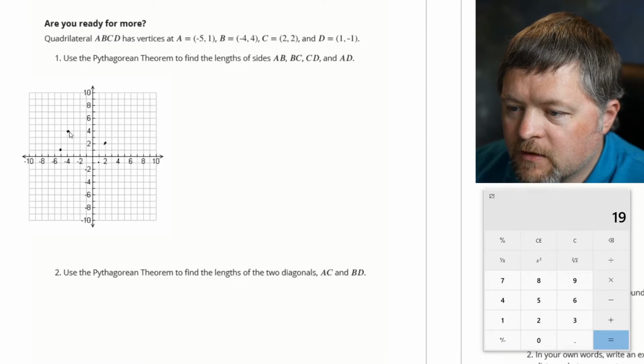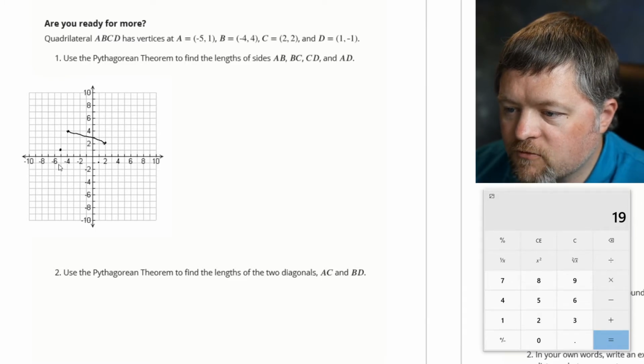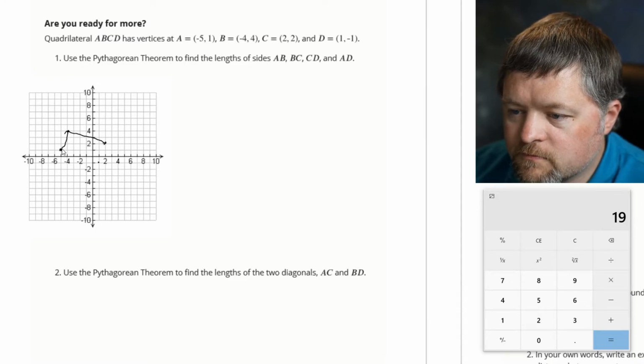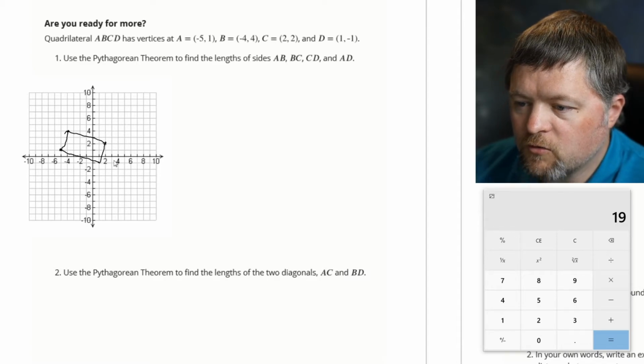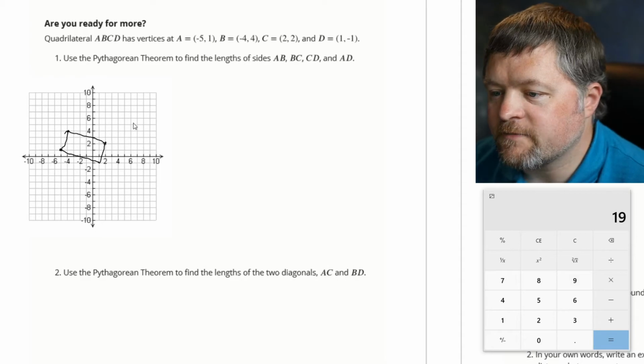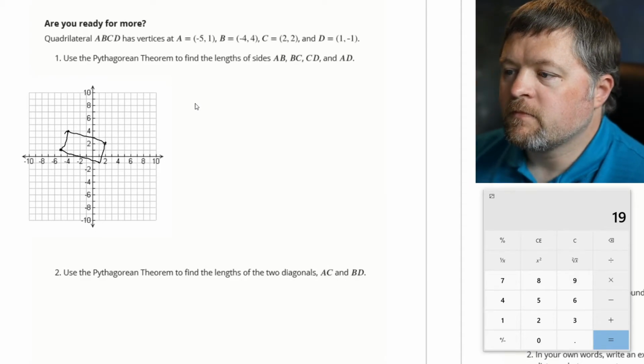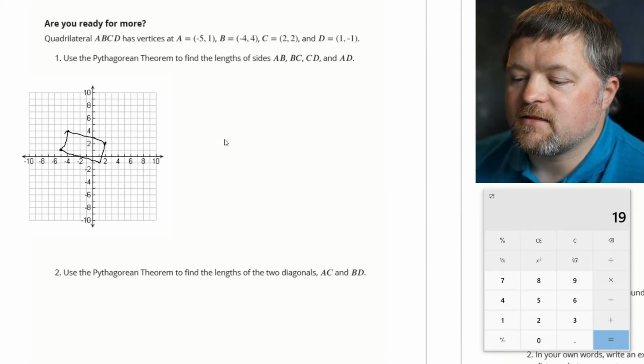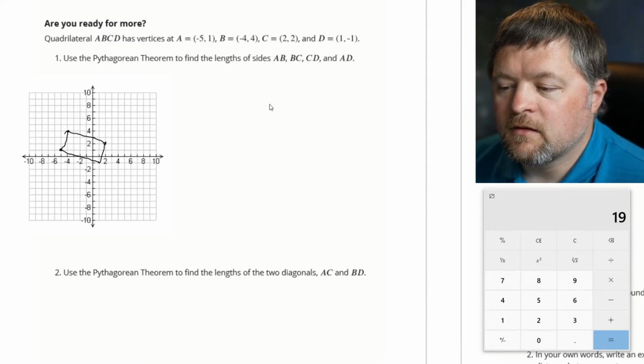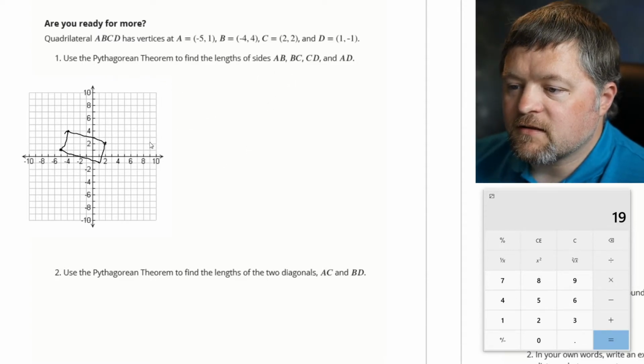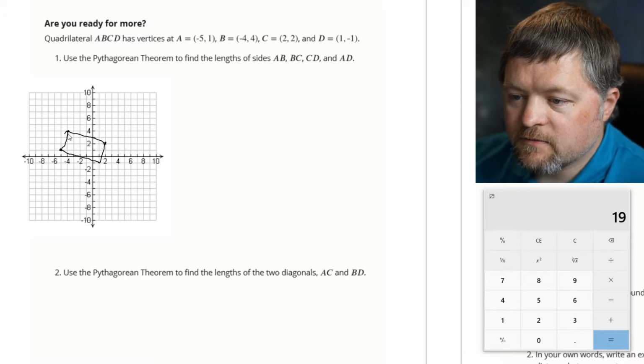Okay. We have a quadrilateral. Ooh, that looks like a rectangle to me. Use the Pythagorean theorem to find the length of each side.